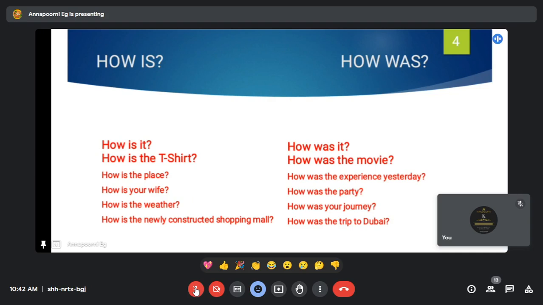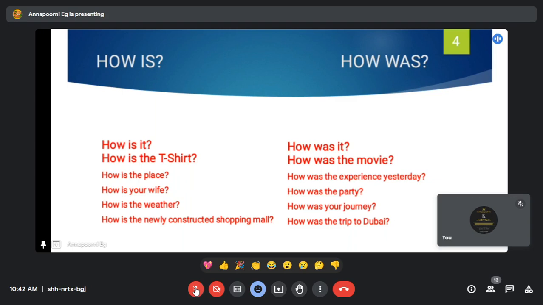If I'm asking, how was your mark in the last exams? How is your score in the previous exam? You can say, not bad. It means you scored on an average scale, not more than that. You can say that I scored 50 to 60%, not above that.